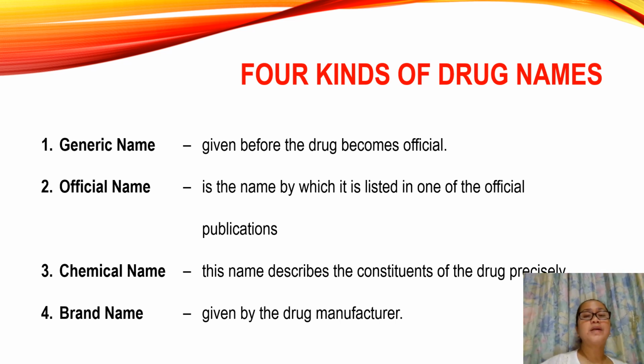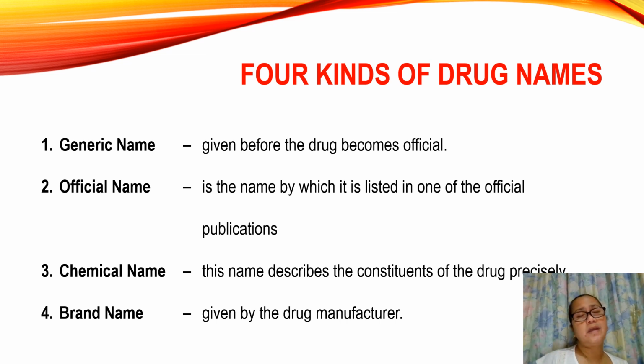So next, 4 kinds of drug names: the generic name, official name, chemical name, and the brand name. When you say generic, it is given before the drug becomes official, so usually the generic name is the chemical name, because the name of the drug is also the chemical present in the drug. Example, ibuprofen.